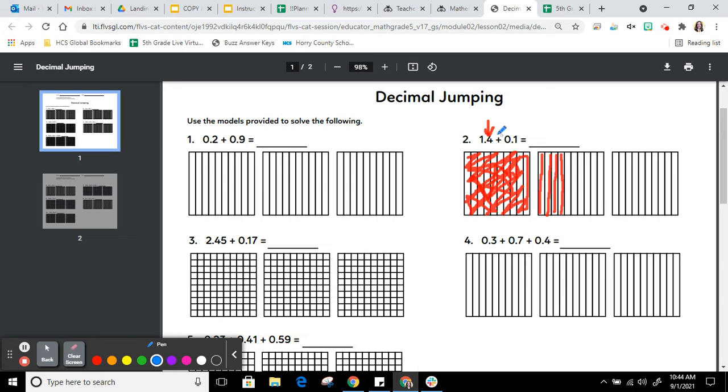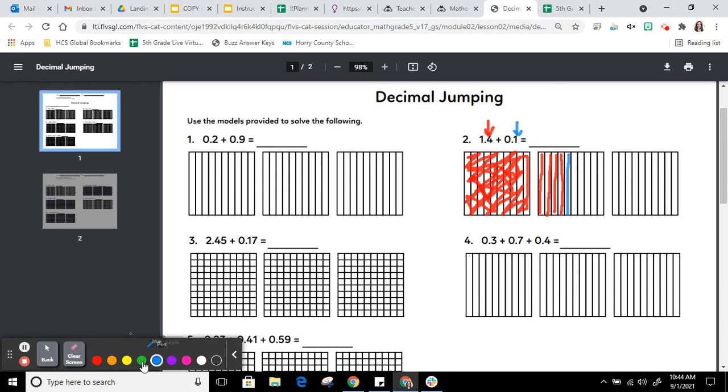Now we're going to add 1/10. One long stick is equal to 1/10. This is telling me I need to shade in one of those tenths. So there's my 1/10 that represents in blue.